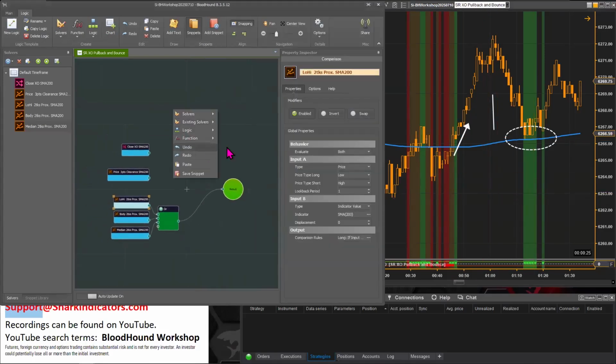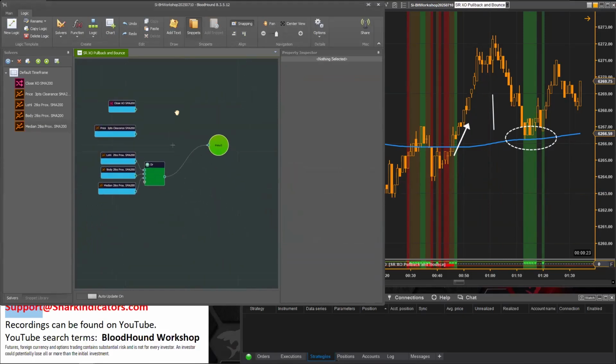So component number 4 is price needs to bounce away, right? So price needs to move away there. So, let's see here. That part's subjective as well.